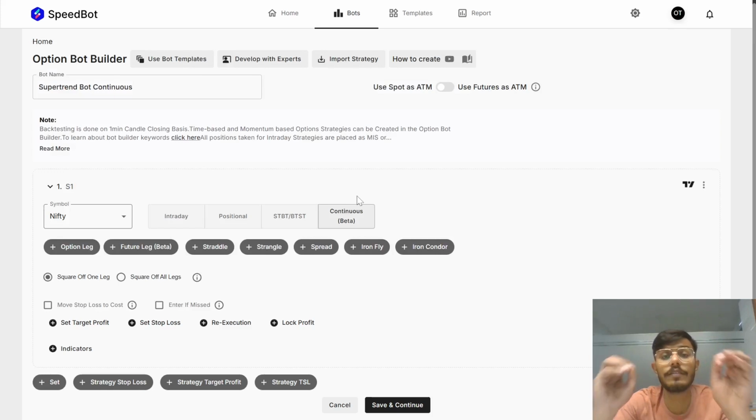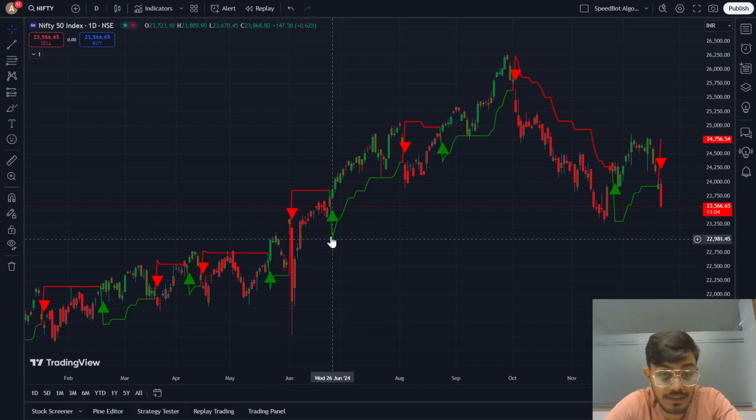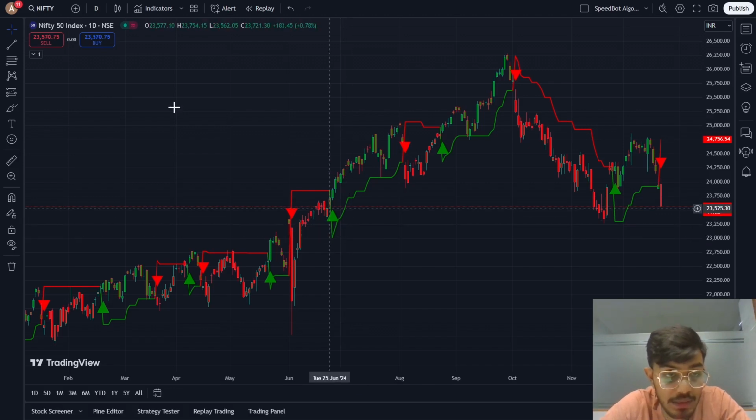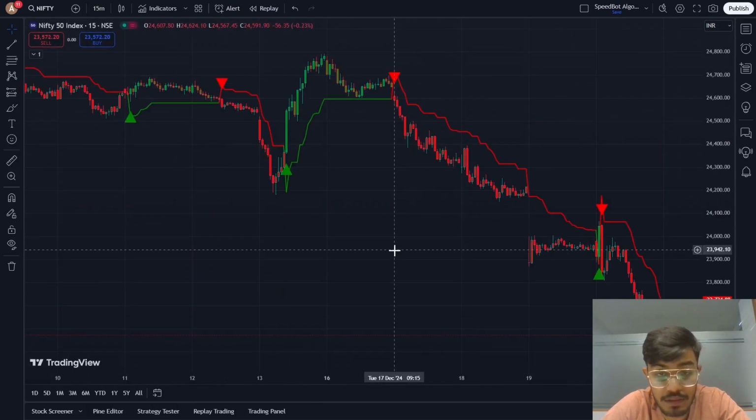Mind you, if you'd like to keep the strategy conditions checked on a continuous basis, then this particular option type needs to be selected. That is, let's say we get a signal on maybe a 5-minute time frame or maybe a 15-minute time frame.